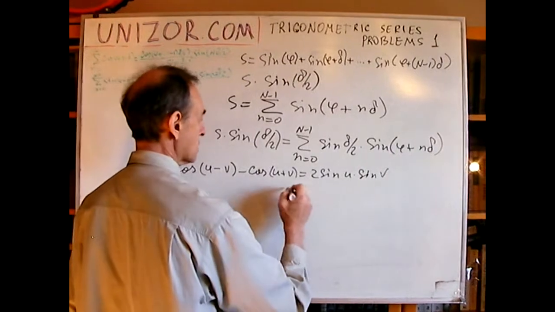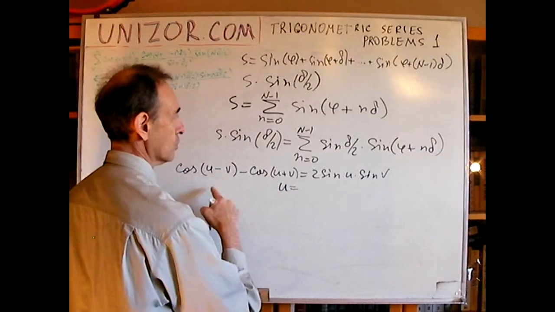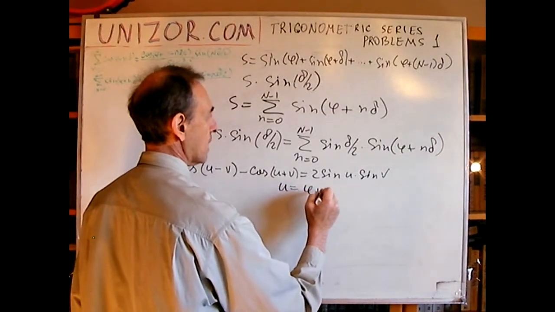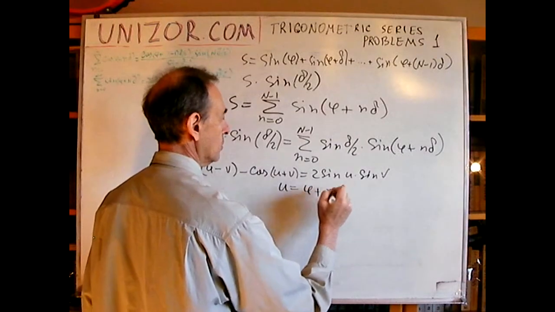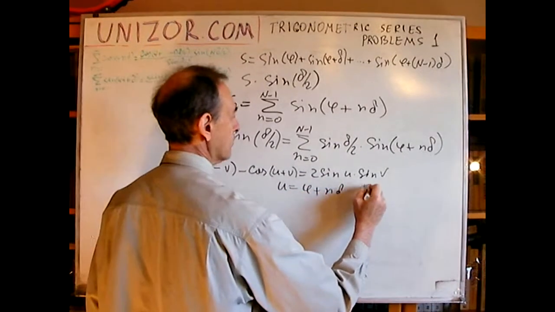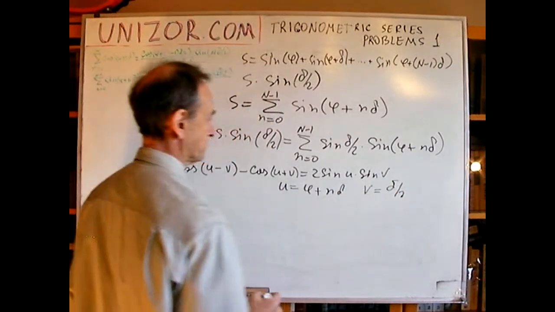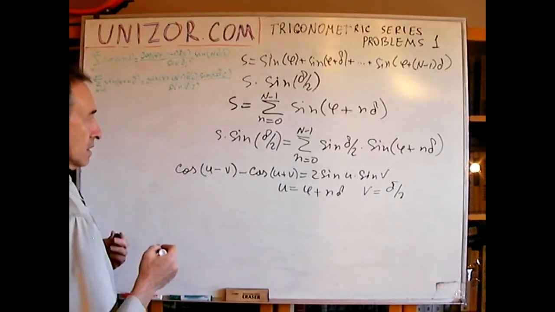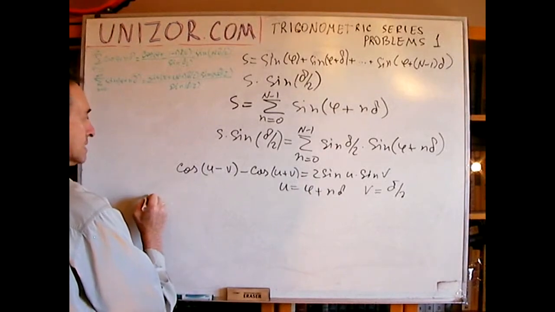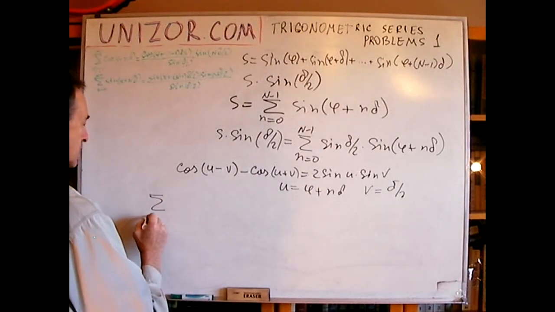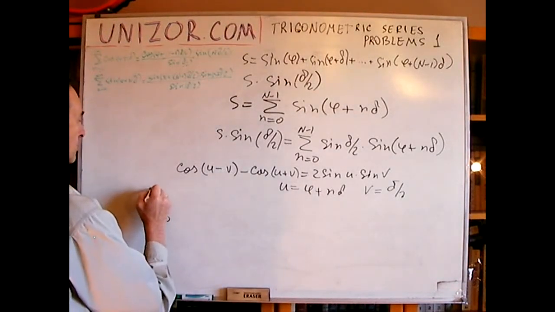So let's consider that u is equal to phi plus n delta, sorry, and v is delta over 2. Which means that my sum would be sigma n from 0 to N minus 1.